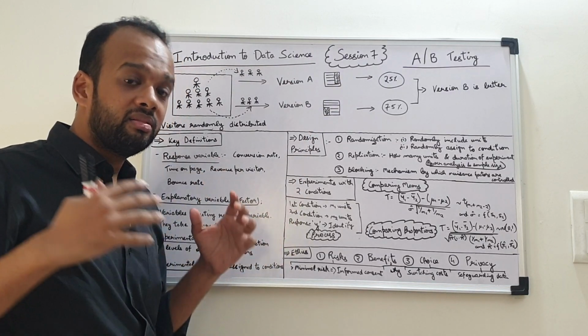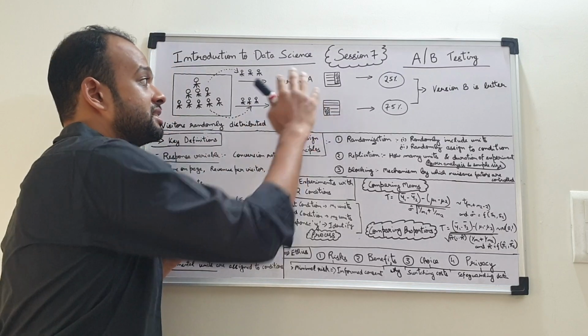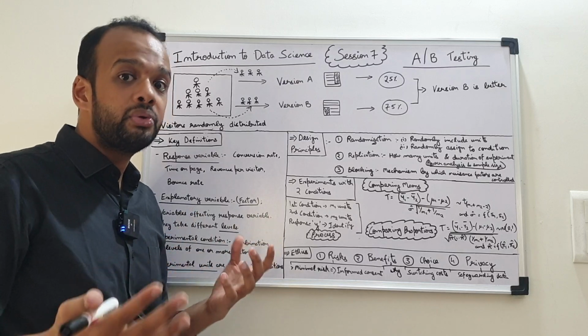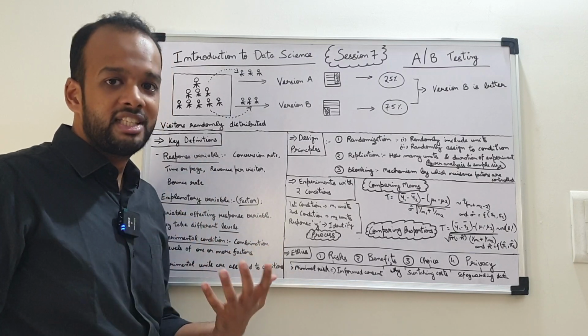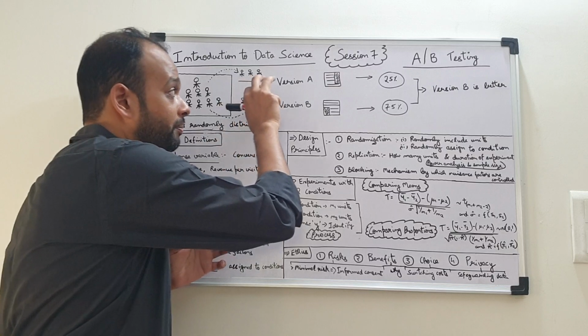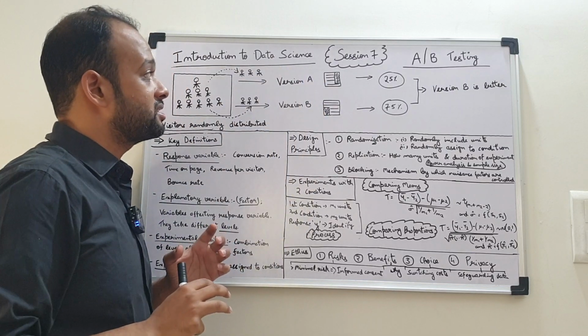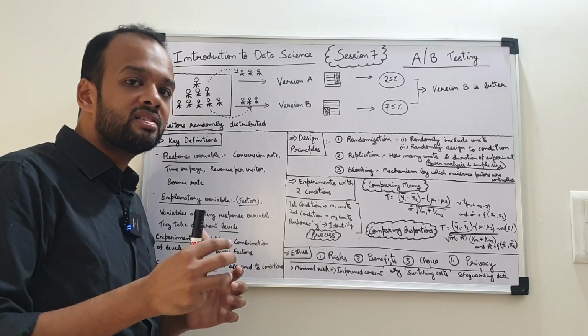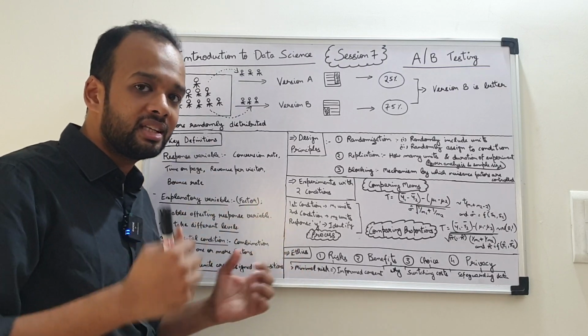Say this business is in a particular industry, and that industry might be facing some backlash from the media due to certain environmental concerns, etc. So the behavior of the customers at that point of time might differ from the behavior of similar customers at a different point of time due to external things.